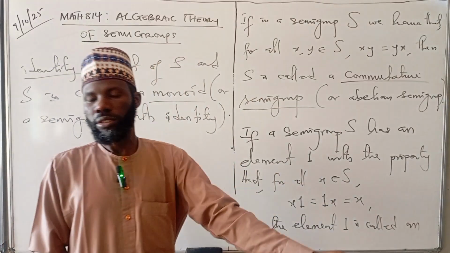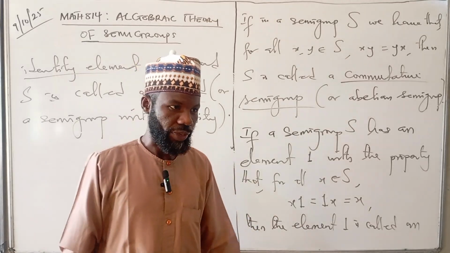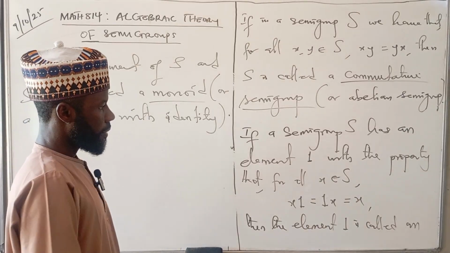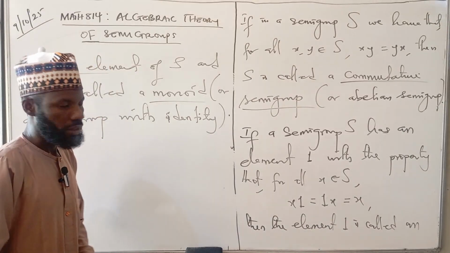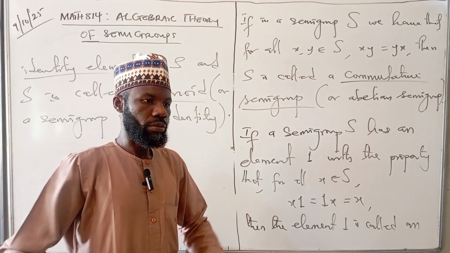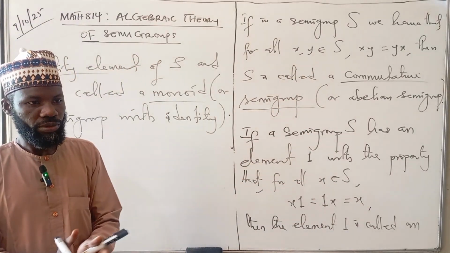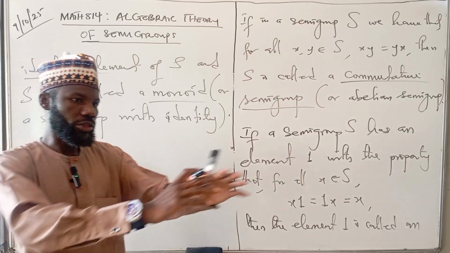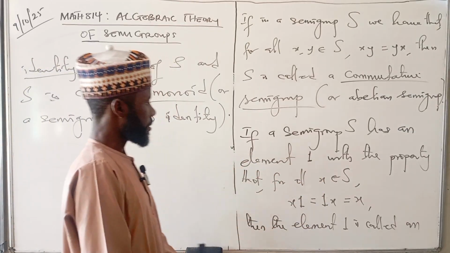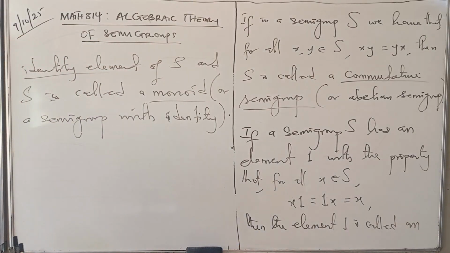There are semigroups that are not monoids, where we don't have the presence of an identity. Semigroup is more general. If you look into the universe of all semigroups, all monoids will be found in there, but there are semigroups that are not monoids. If you look into the universe of monoids, many semigroups will not be present there. In that sense, you say semigroup is more general.